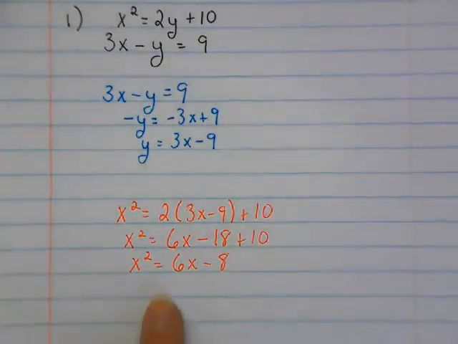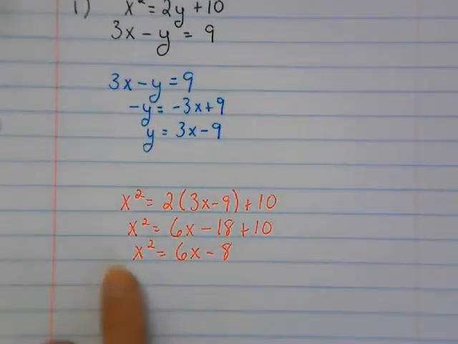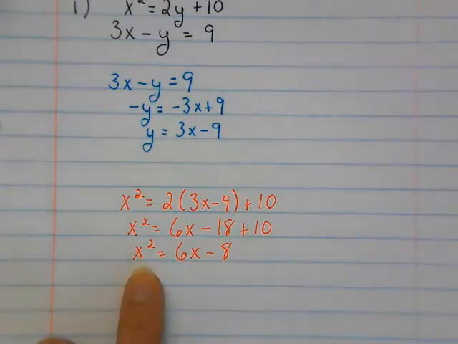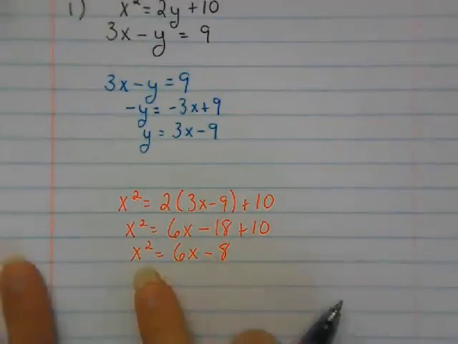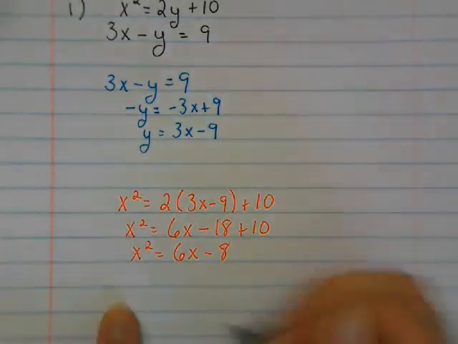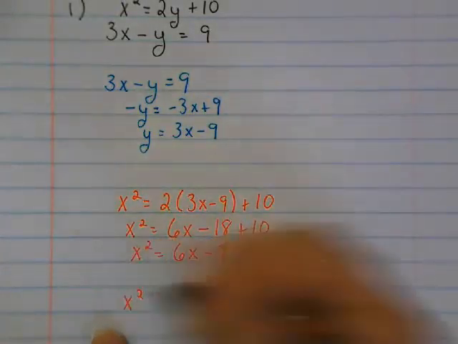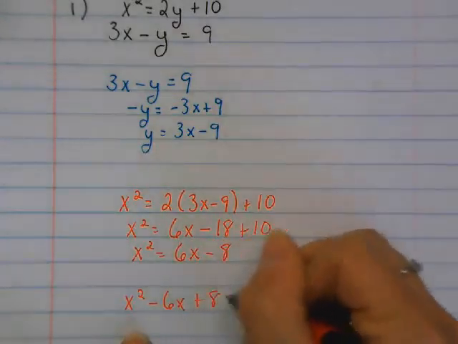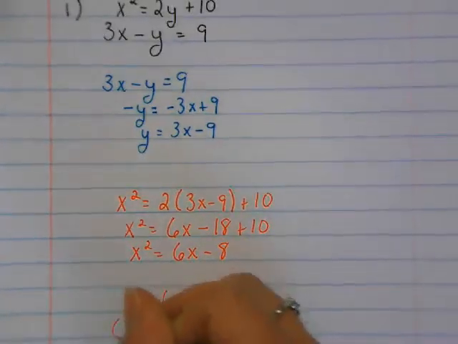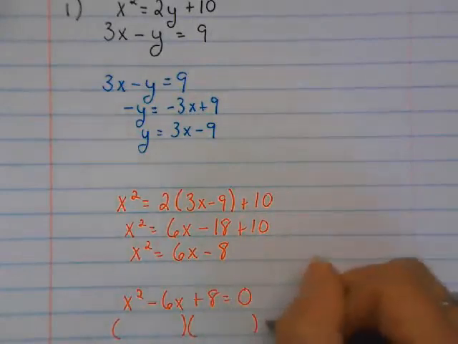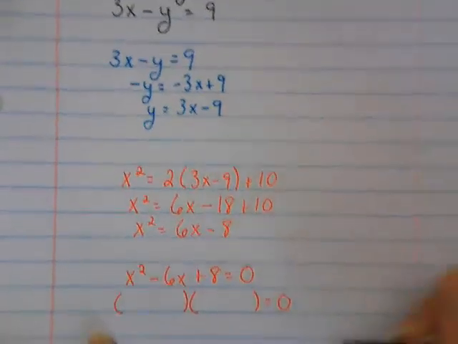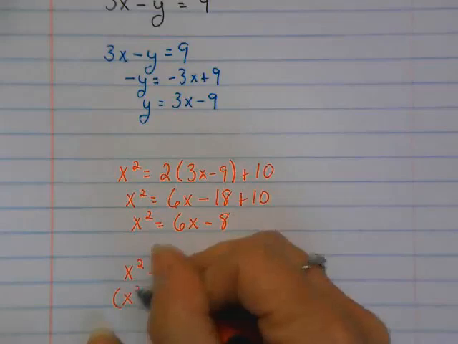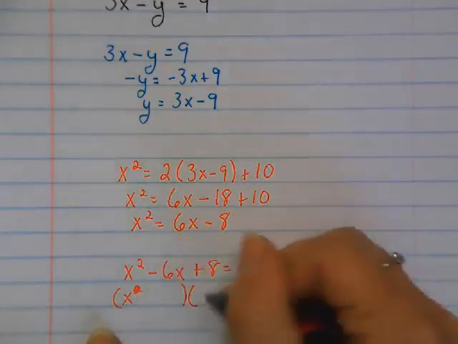Now, I'm not done. I still need to find x. But since x is squared, do you agree that I've got to bring everybody over and then factor? So I would have to get x squared minus 6x plus 8 is equal to 0. Now I can go ahead and factor. Alright, so think to yourself, first term, that should just be an x.